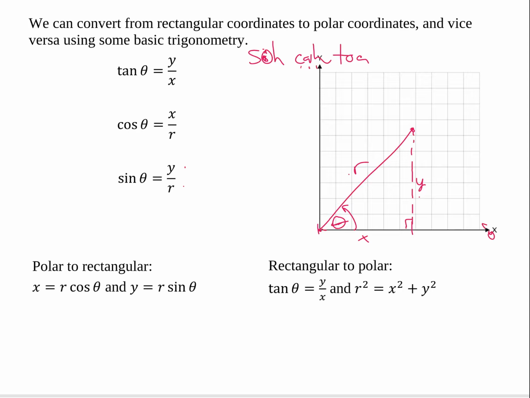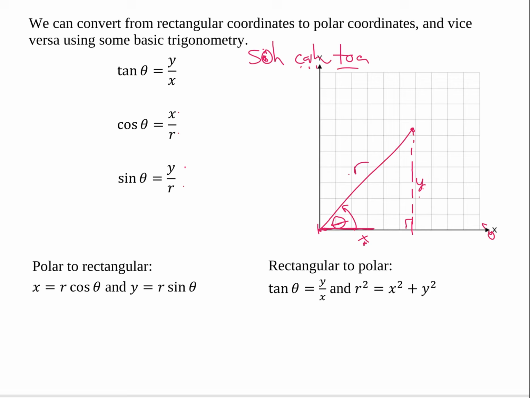The adjacent side is the one that's touching the angle, and that's x, divided by the radius. So we have x over r for cosine theta, and then tangent theta is y over x. It's the only possible other combination of sides of the triangle. So that's y over x, the opposite over the adjacent, TOA. Okay, so we remember those from geometry.